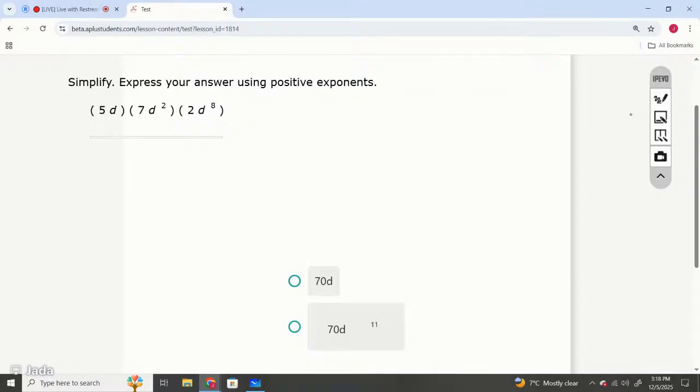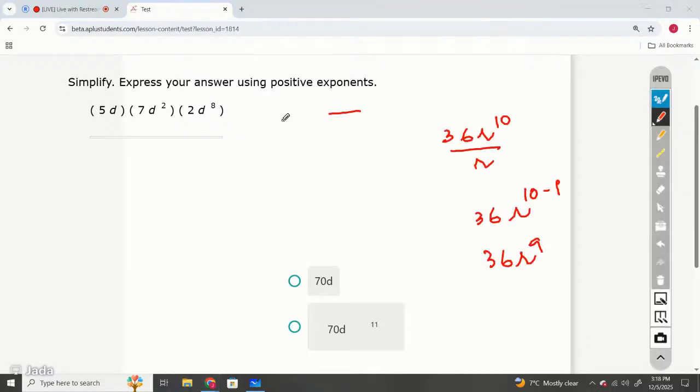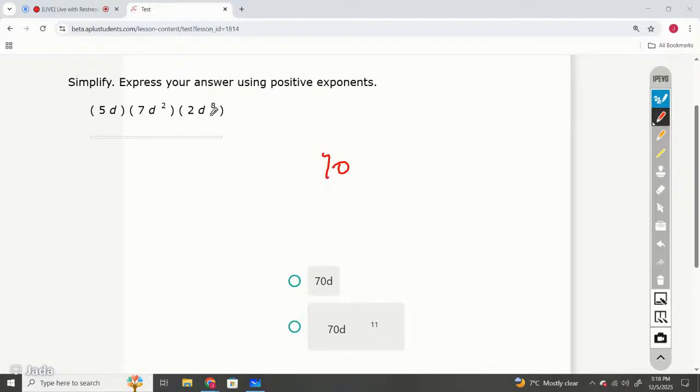Okay, so express your answer using positive exponents. We need to multiply all of them. 7 times 2 is 14. 14 times 5 is 70. We need to collect all the components of all the exponents of D: 8, 9, 10, and 11.